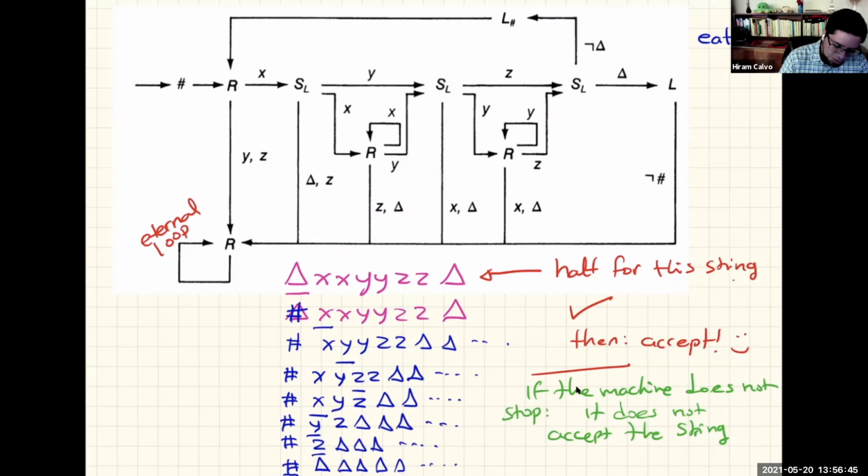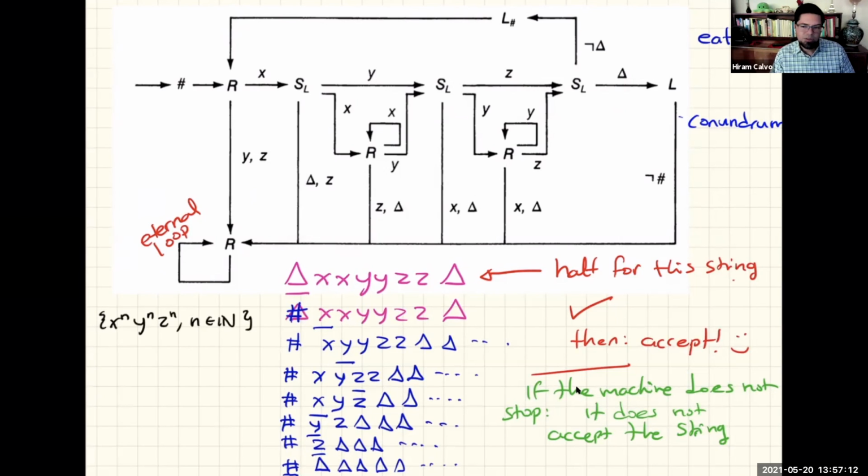Now, not to continue with this strange conundrum, we will say that the kind of strings that this machine accepts is precisely x^n, y^n, z^n, with n belonging to natural numbers.